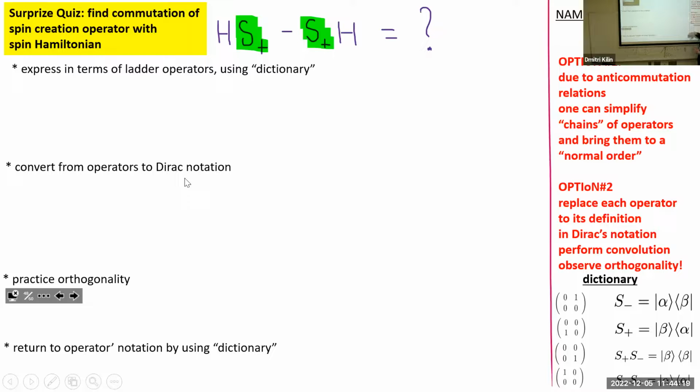Another is to convert everything into Dirac notation and identify the orthogonality relations. Okay. So let's work on it for maybe a minute, and then I'll look at what you're doing and try to do it myself.